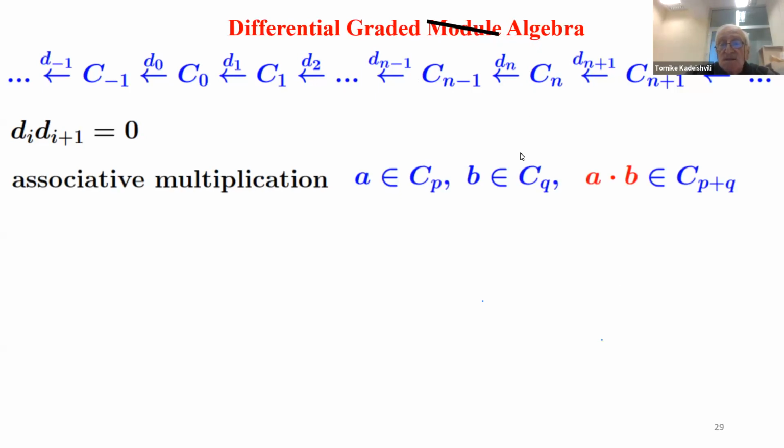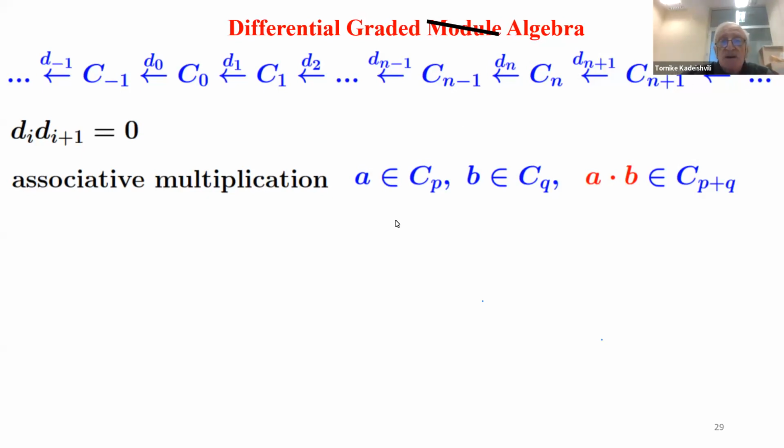We have this if in this object we have the big graded thing, multiplication, but it is not like each C is a ring. No, multiplication is of this type: p-dimensional A times q-dimensional B, and the result is p plus q-dimensional. This product jumps somewhere.